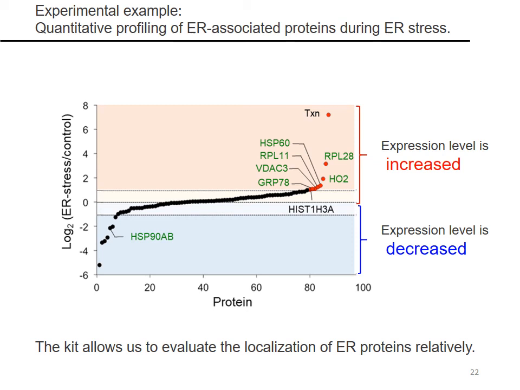Here is a demonstration under chemical-induced ER stress. I will skip talking about the experimental details, but more importantly, these results show some proteins increased by ER stress and other proteins decreased by ER stress. This experiment using this kit allows us to evaluate the change of ER localization of protein amounts under extracellular stimulation.